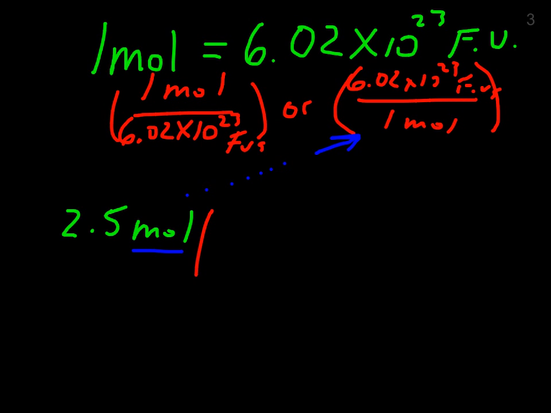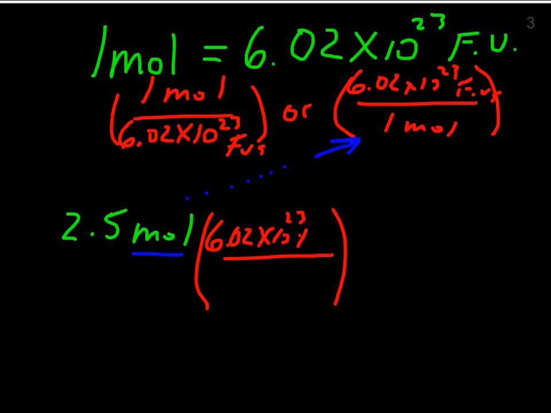So what I want to have is my given amount multiplied by the correct conversion factor. In this case, it's going to have the 6.02 times 10 to the 23rd FUs for 1 mole. Again, the significant part here is that the moles are going to cancel out because a mole over a mole is 1, and that's just like any other relationship that equals 1.